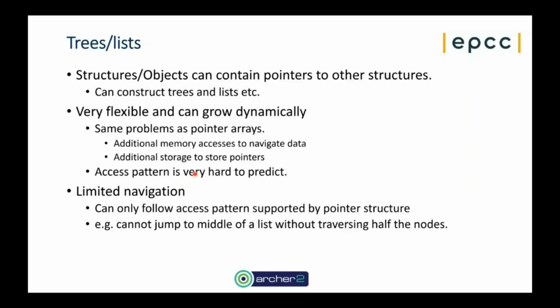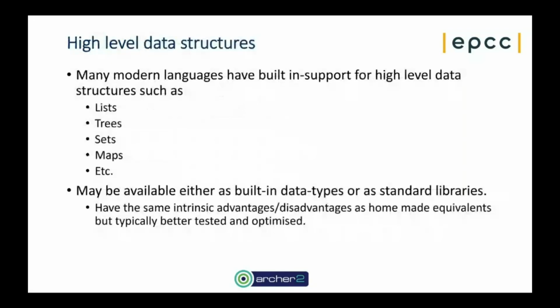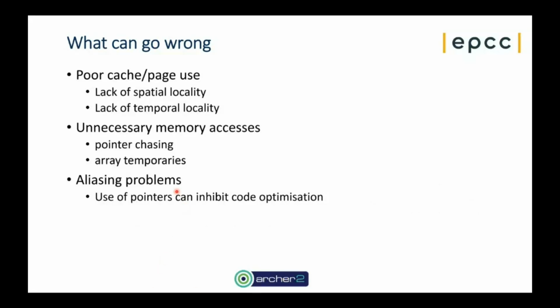But it's quite hard to then get that contiguous data access and that vectorization performance that you would like. There are higher level data types you can use: lists, trees, sets, maps, those kinds of things. And they can be optimized for reasonable performance on languages like C++ as well.